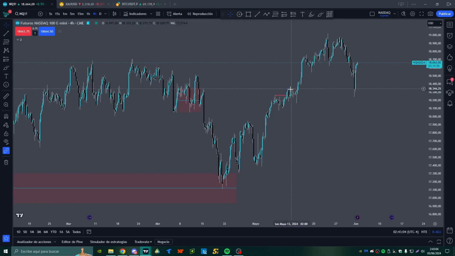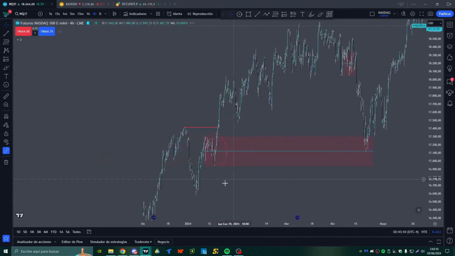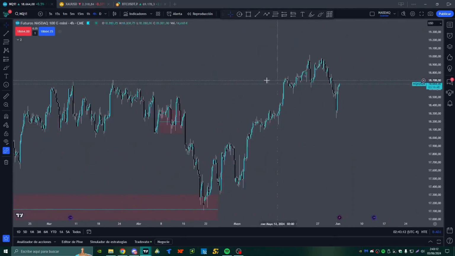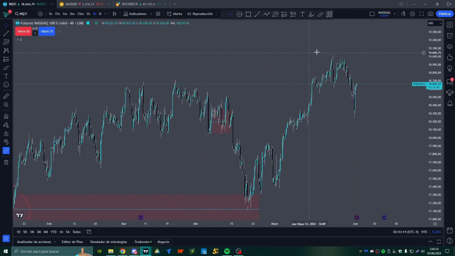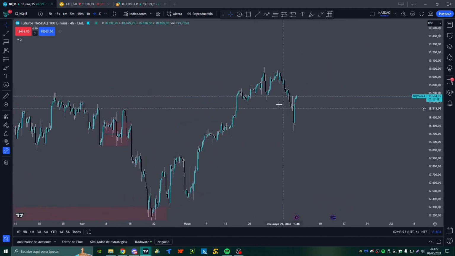I don't trade like that, as I told you. I'm not so mechanical about it. I take into account the context of where we are making a delivery. If we are already in an area, in this case, we are at all-time highs, then it's complex to define an area as such. But that's the theory for you all.